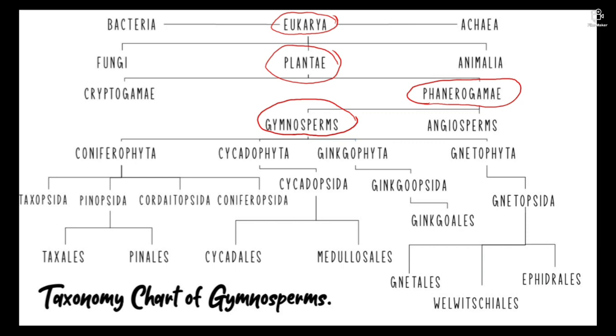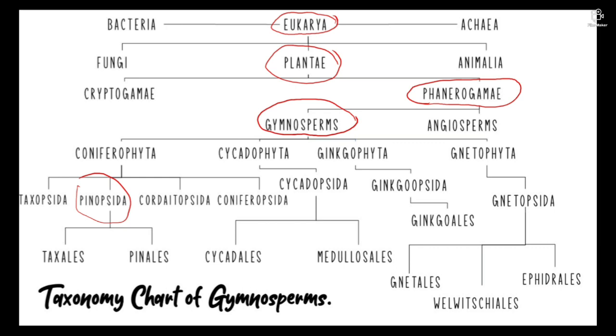So gymnosperms divide into four major divisions: Coniferae, Cycadophyta, Ginkgophyta, and Gnetophyta. For Coniferae, they divide into four classes, which are Taxopsida, Pinopsida, Chordopsida, and Coneropsida, and we're about to focus on Pinopsida, which is one of the classes.